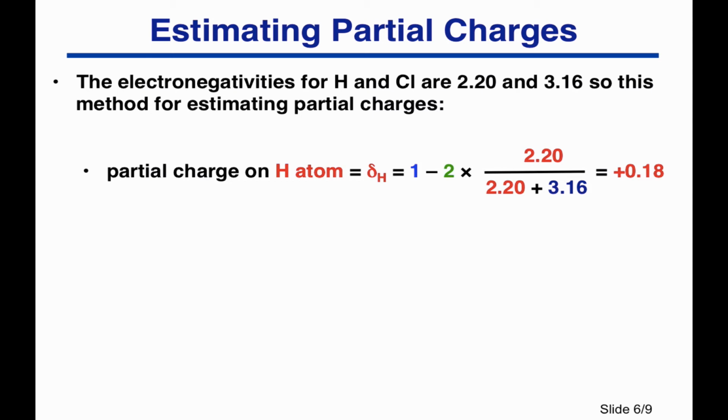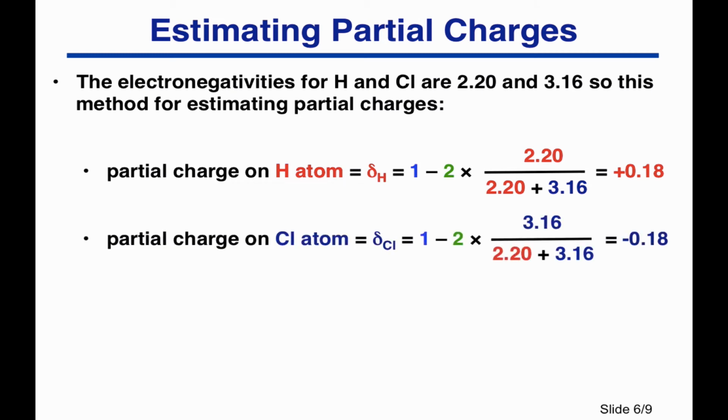The least electronegative element ends up with a positive charge, whereas for chlorine the calculation is the same, except we now use the chlorine electronegativity on the top, and we work out that the partial charge on chlorine is the exact opposite, minus 0.18. So here's our polar bond with charges of about plus and minus 0.2 on the two ends of the bond. An estimate is all we can do.